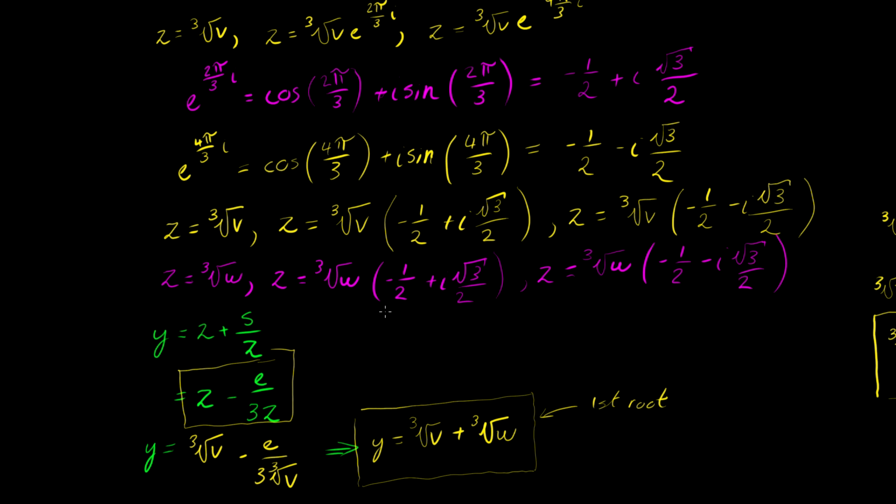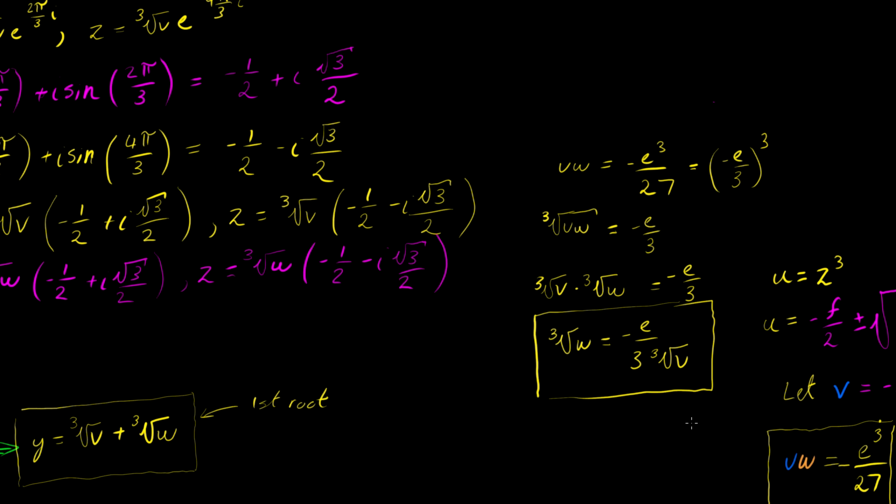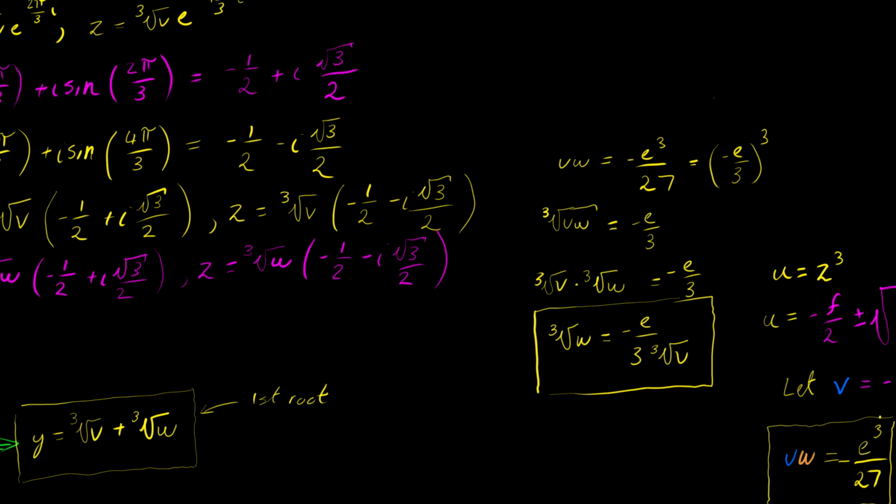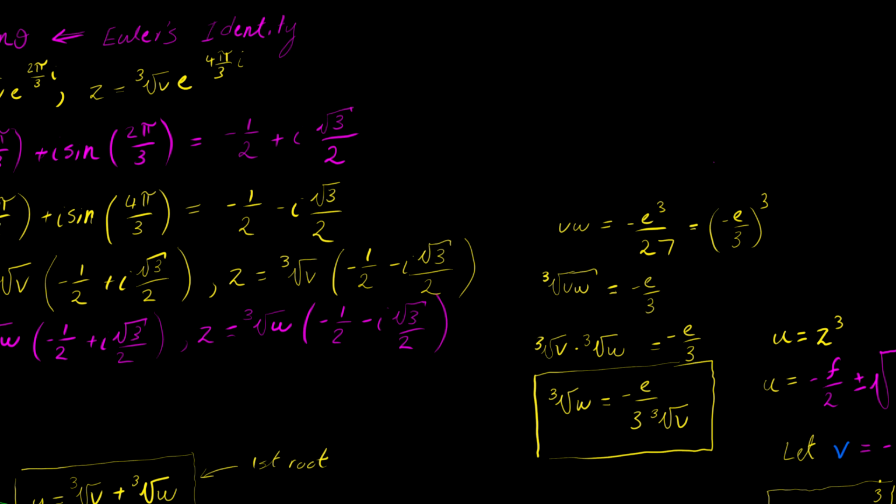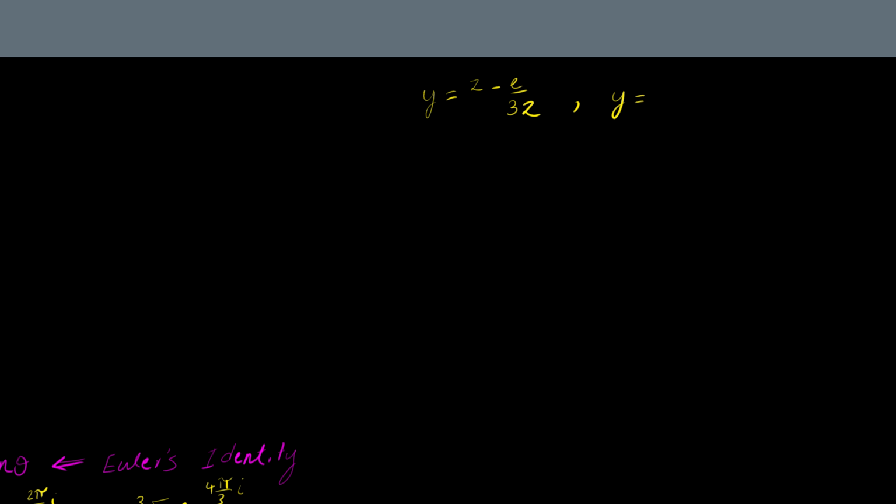So we've also got these other values of z we can use to find new values of y. Some of them will be repeats, but we know z is the cube root of v times negative 1/2 plus i roots of 3 over 2.